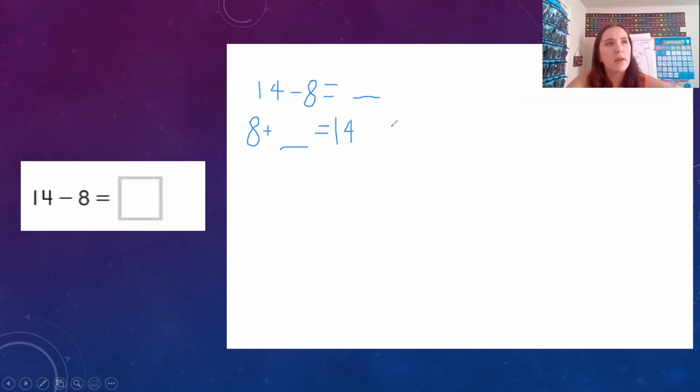I'll give you a second to think. 8 plus what equals 14? 6. 8 plus 6 more equals 14, which means 14 minus 8 equals 6. So sometimes it can be really helpful to think about what addition fact can I use, because you probably know a lot of your addition facts, but you might get stuck on some subtraction ones. Use that addition knowledge that you have.